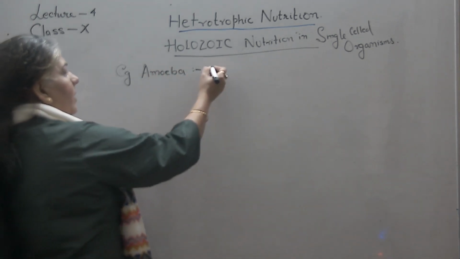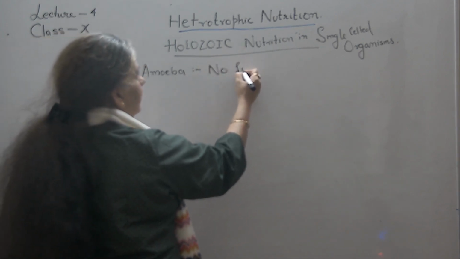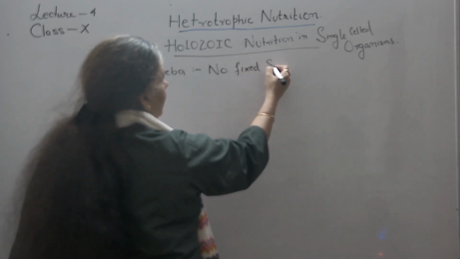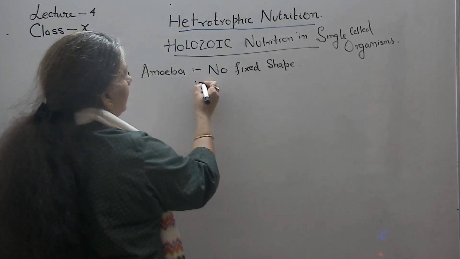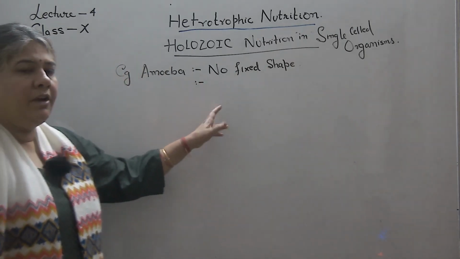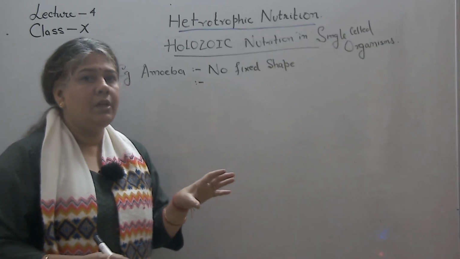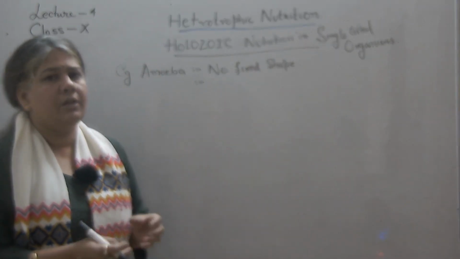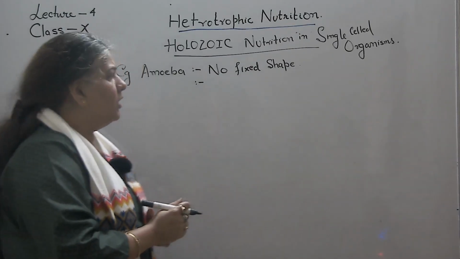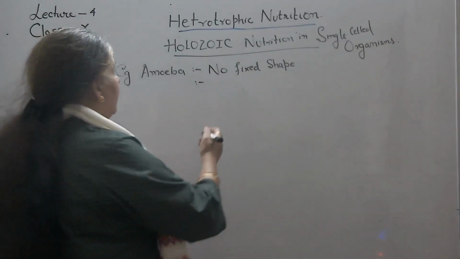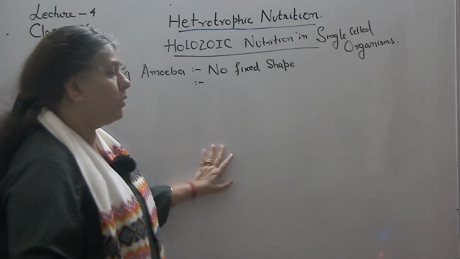They have an irregular or no fixed shape. Second, to obtain food, they throw their pseudopodia towards the food. These pseudopodia are temporary finger-like projections that surround the food to engulf it. You have a very good diagram in your book, you can follow the diagram.